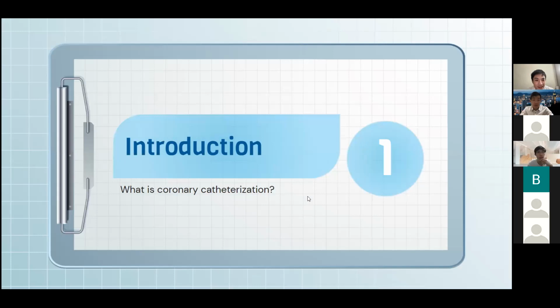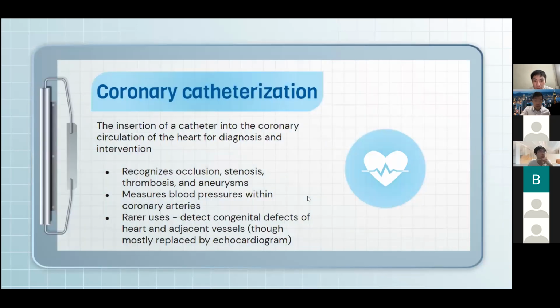Before we begin, let me introduce to you what coronary catheterization is. Coronary catheterization refers to the insertion of a catheter inside the coronary circulation of the heart for diagnosis as well as intervention. In this case, for catheterization, we can recognize any form of occlusion, stenosis, thrombosis, as well as aneurysms that are present in the vessels of the heart.